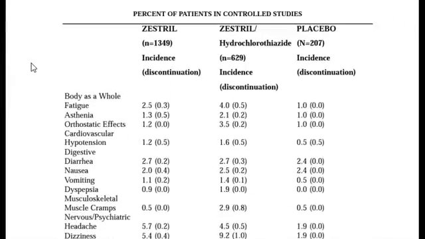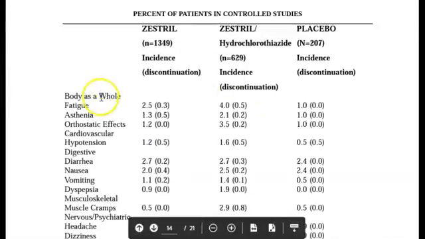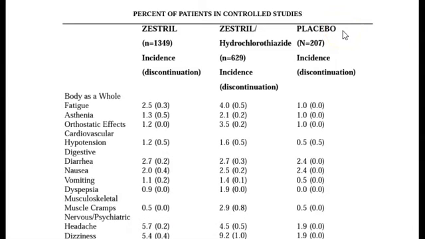When we get down here, this is the data. It has taking the medicine by itself, taking it with another prescription, and then the placebo, which is where the participants think they're taking the medicine, but it's actually just a filler that has nothing in it.